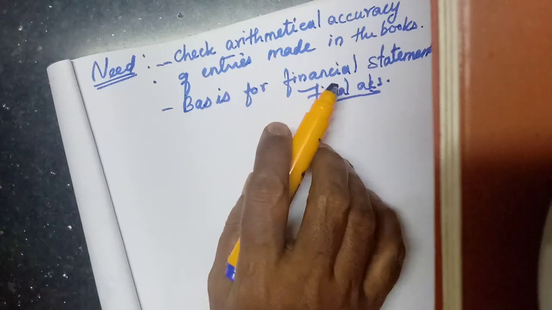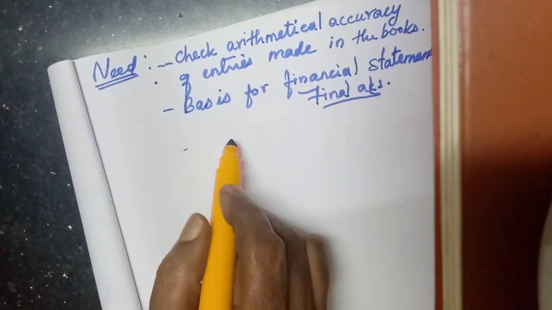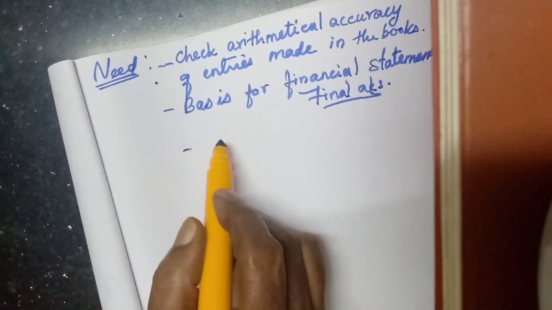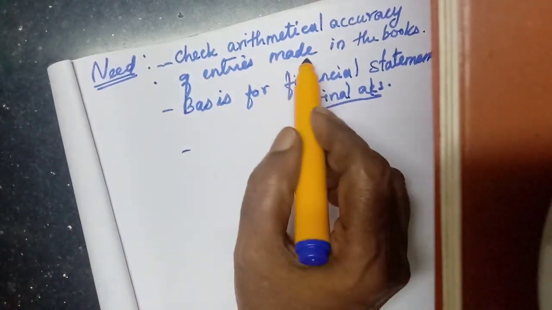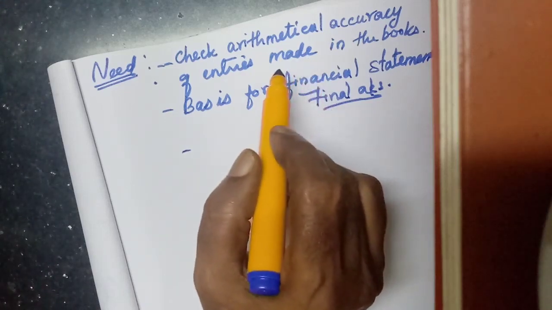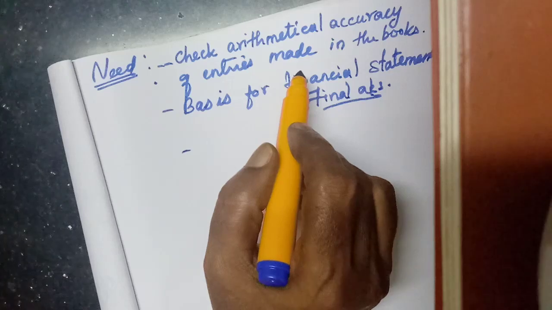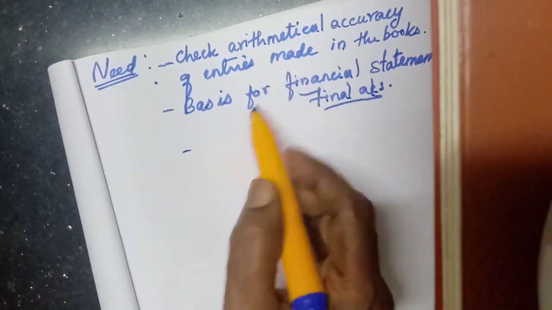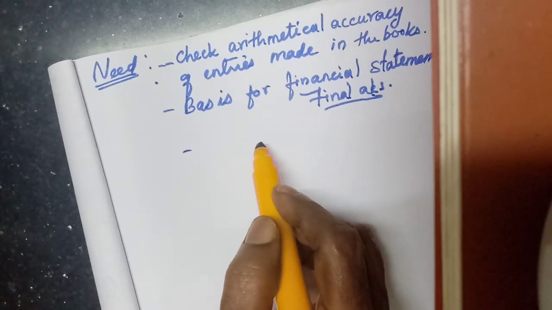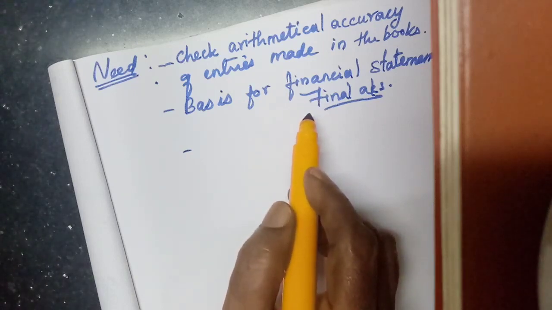And if we do not prepare this, if without checking, the debit and credit columns are not tallying, and if we have made any mistake, and with the same mistake we make the financial statements, everything will go wrong, isn't it?